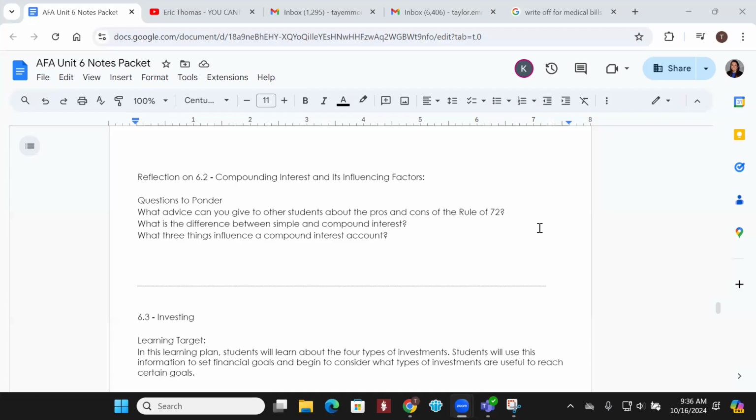What are 3 things that influence a compound interest account? The interest rate, the number of years. What else? Interest rate and your principal balance. You can invest 1,000 or you can invest 10,000, right? All right, good. All right, let's go ahead and move on.